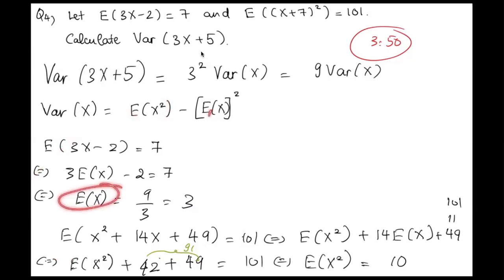I also have expected value of x, so I can calculate variance of x. It is 1. And then I will plug variance of x into here so that I can calculate variance of 3x plus 5. And this one would be 9 times 1, which is 9. So this is our final answer.